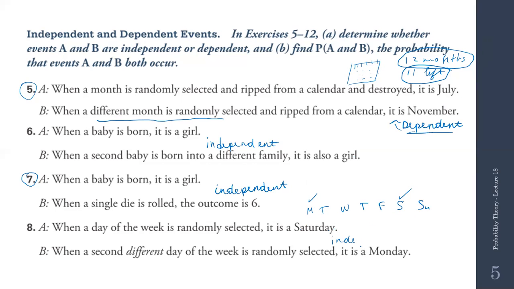When a second different day of the week is selected, now I will choose again, it's Monday. Independent, because it doesn't matter. But when it says a second different day of the week, we close this one and choose from the others, so it's dependent.